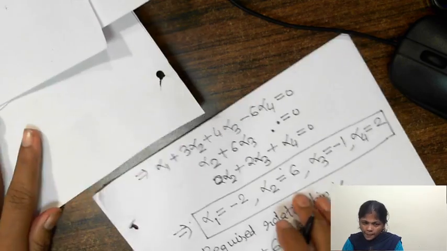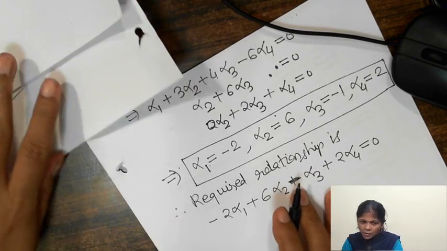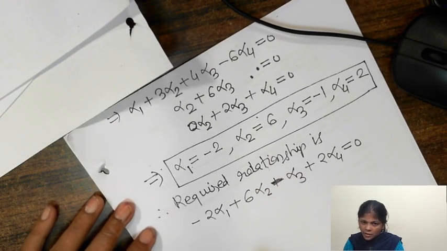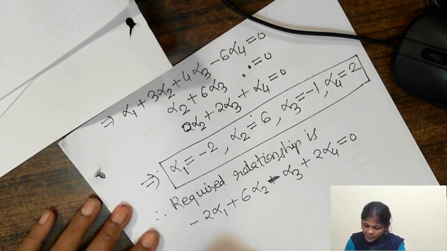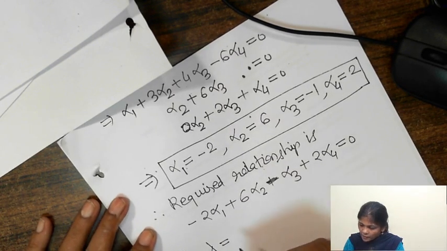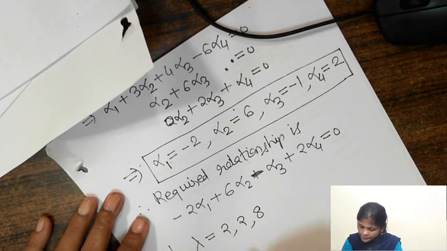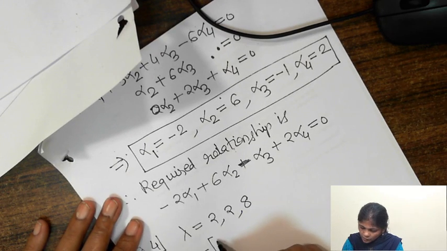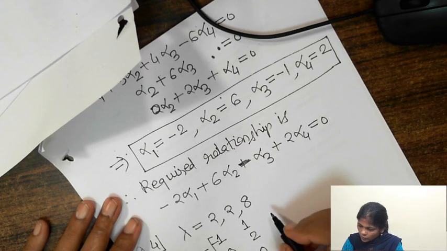In the same way you can solve the remaining 2 examples. I hope the process explained over here is clear to you all. I will share the solution for the 4th example in short. For the 4th example you will have lambda as 2, 2, 8 and the eigenvectors will be: first eigenvector 1 minus 1 0 2, then 1 2 0 2 minus 1 1.